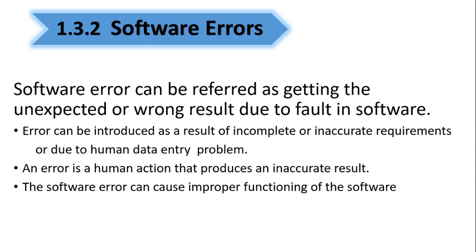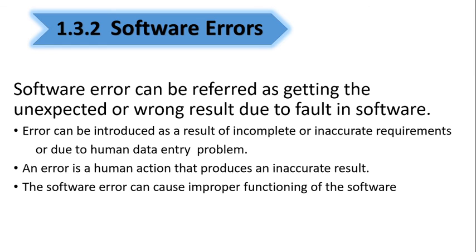Software errors. Software errors can be referred to as getting an unexpected or wrong result due to faults in a software. An error can be introduced as a result of incomplete or inaccurate requirements or due to human data entry problems. An error is a human action that produces an inaccurate result.